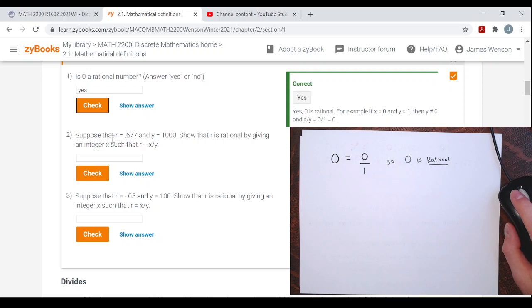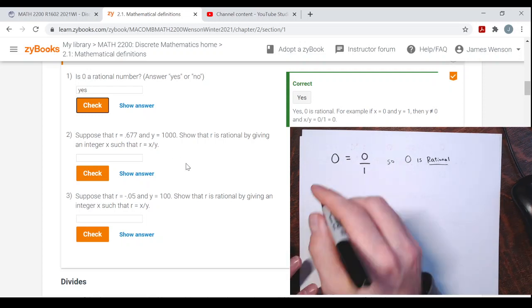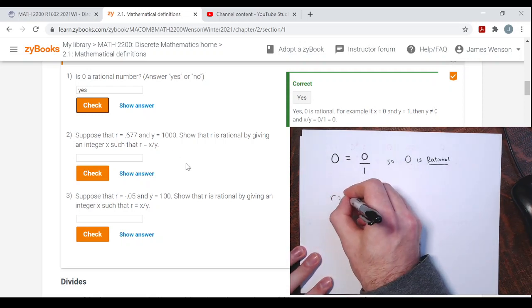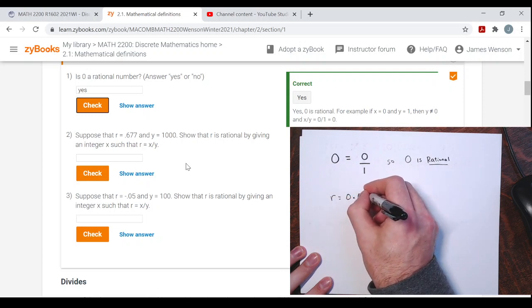Suppose that r equals 0.677 and y equals 1,000. Show that r is rational by giving an integer x such that r equals x over y. Well, this one's pretty simple if you know what decimals are. r equals 0.677.